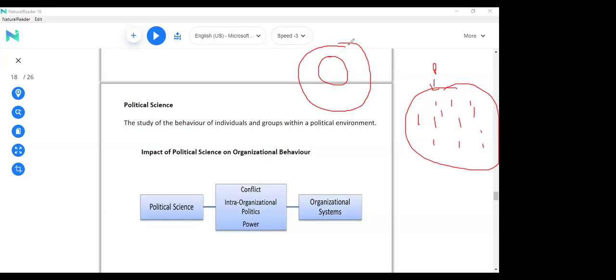But the concept is not like that. My dear students, this circle is like a magnet, not exactly a magnet, but we can say it's a magnet. It has some power.